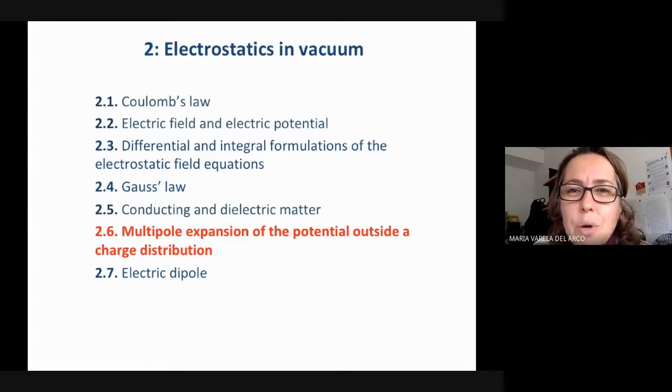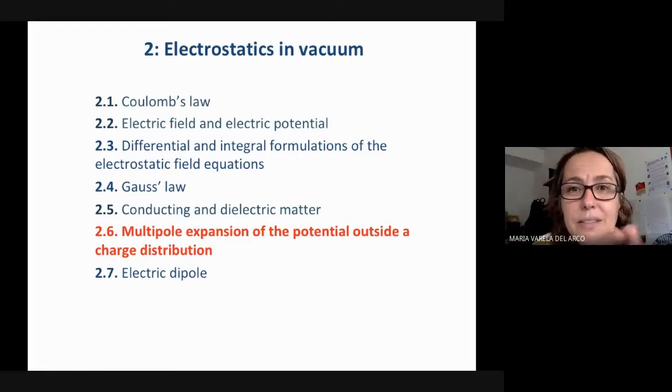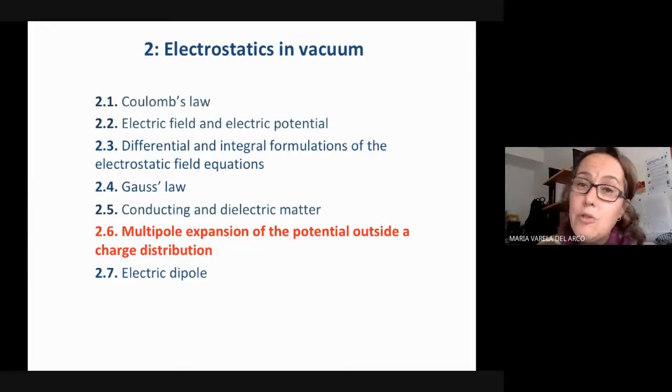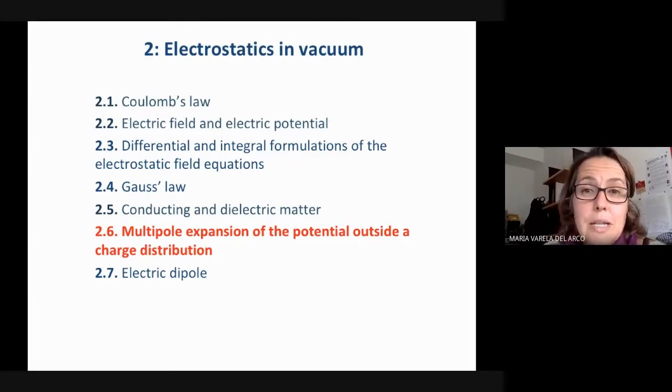And we try to capture the physics of my distribution of charge, its symmetry, its shape, but from a very, very long distance. And this is what we will call the multipole expansion of the potential. Then if we can calculate the electrostatic potential associated with my charge distribution seen from very, very far away, I can calculate the electrostatic field by just taking the derivative of the potential, I mean the gradient, just as usual. So it's a trick to calculate potentials.